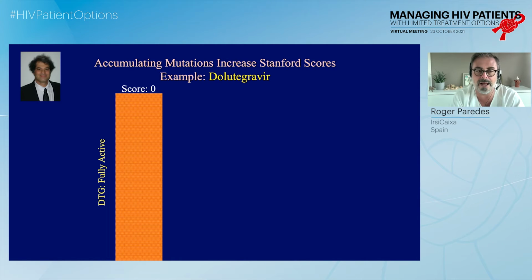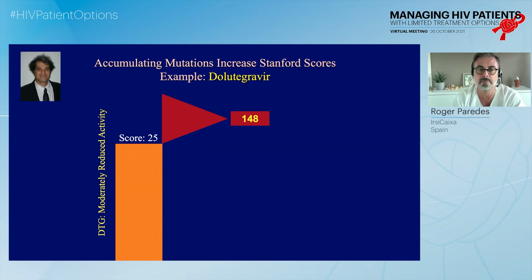If you have a virus that's fully active against dolutegravir, it gets a score of 0. But then if this virus accumulates mutation 148, for example, a score of 25 is given, and as you can see, this leads to moderately reduced activity of the drug.